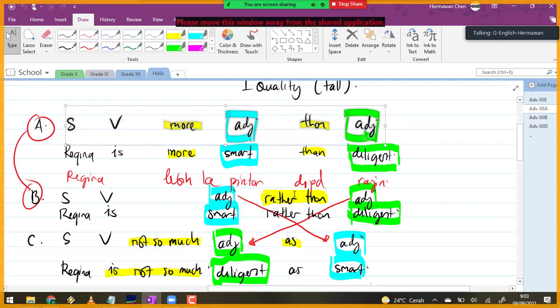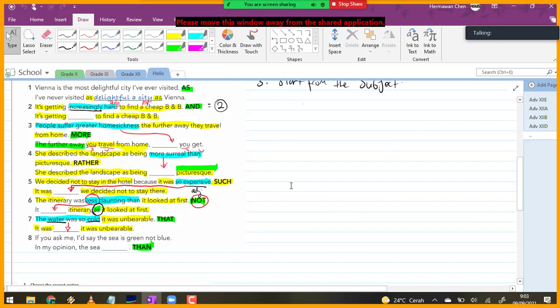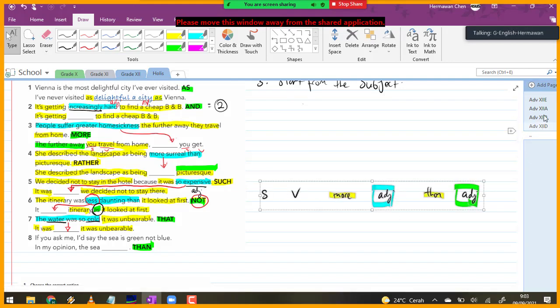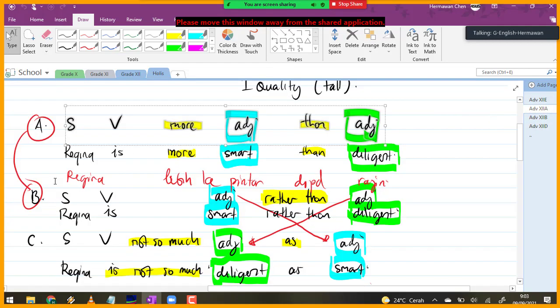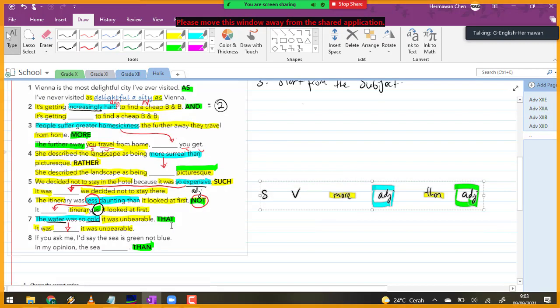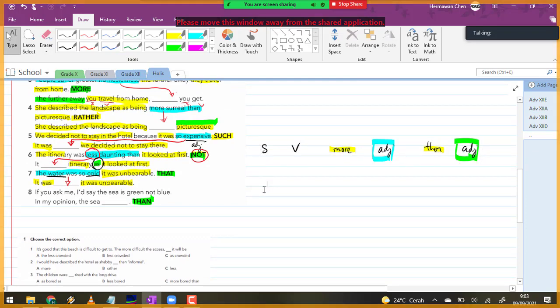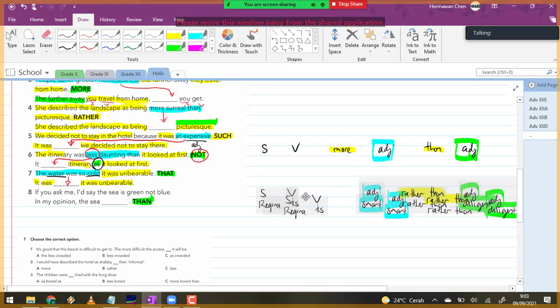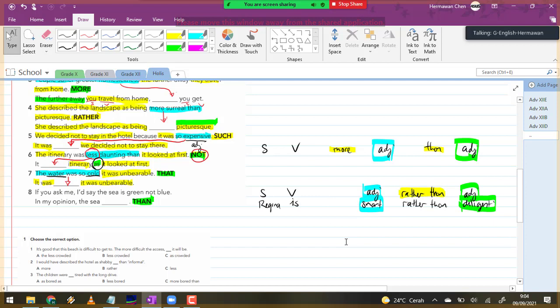Second pattern, rather than. There is also a word then. Okay, it means it's up to you whether you want to use this pattern or this pattern rather than. It's up to you. Yeah, because both are used to compare 2 adjectives.